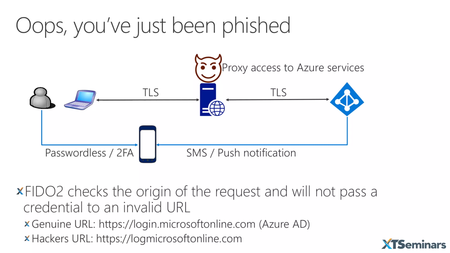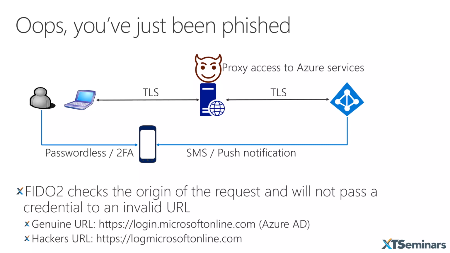The client is going to see the point of origin of the request, where the HTTP request is coming from, is log microsoftonline.com. So the credential is being asked for microsoftonline.com, and the origin is seen coming from log microsoftonline.com. So it's immediately rejected. So we have something now that is phishing resistant.